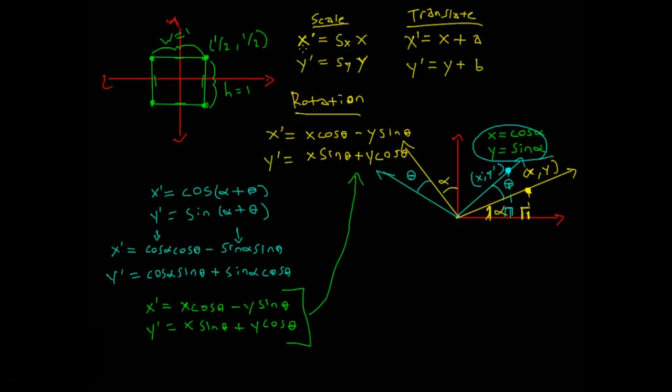Alright, so the scale was self-explanatory. We had the x dash, x prime and y prime scaled by scale factor sx and sy, and translation added by a and b. And rotation is basically we have the cos value and the sine value. So if we are to draw this rectangle with 4 points right here, okay, let me connect these.